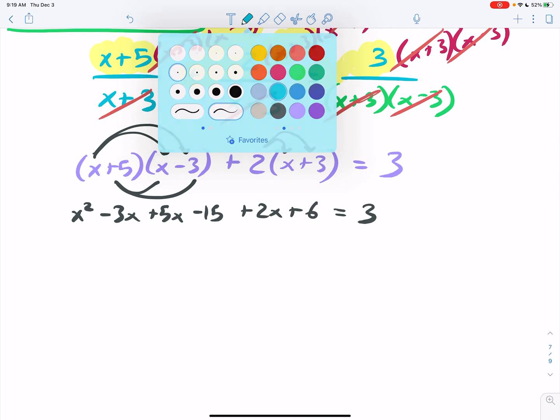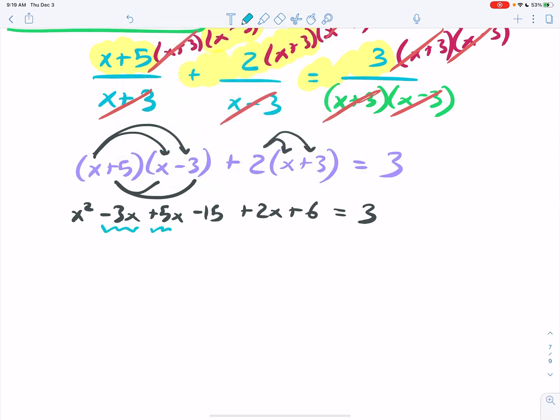Okay, so -3x plus 5x plus 2x gives you, I think, a total of 4x, okay, positive. And -15 and +6, different signs we subtract, keep the sign of the larger number, that'll be -9. I'll bring down my x squared and my equals 3.